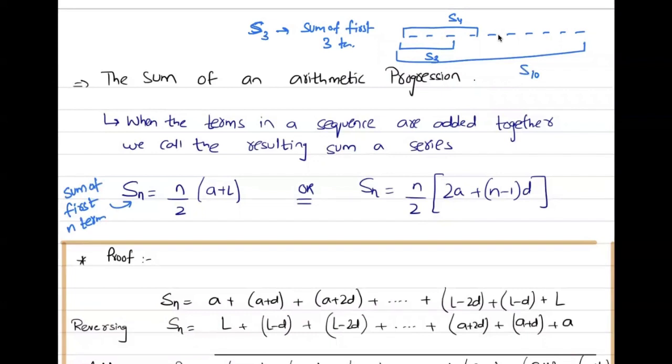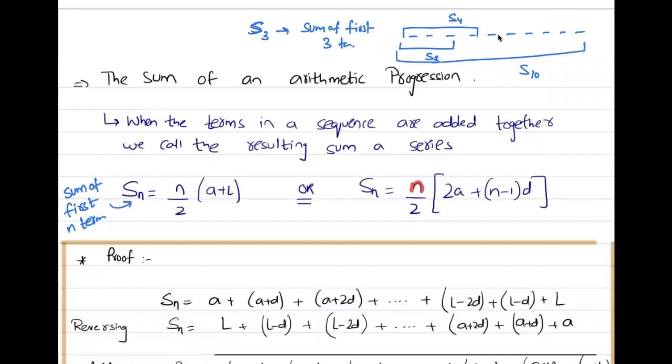Now there are two formulas to calculate the sum of the first n terms of an arithmetic sequence. If the sequence is arithmetic, you can use these two formulas. n represents the number of terms till where you need to find the sum. A represents the first term, L represents the last term. So the formula is n upon 2 times A plus L. That is one formula.